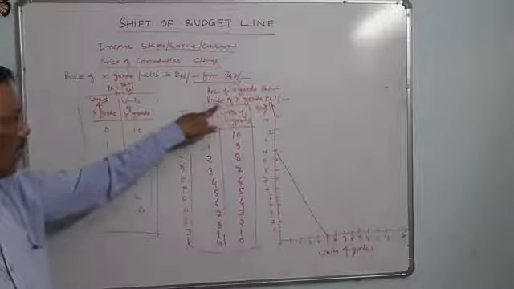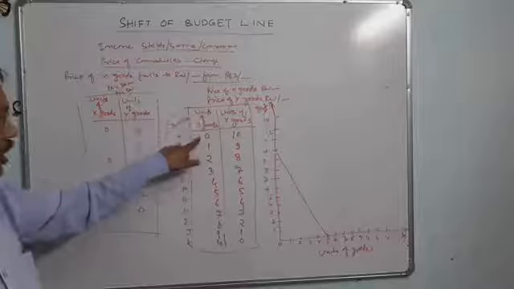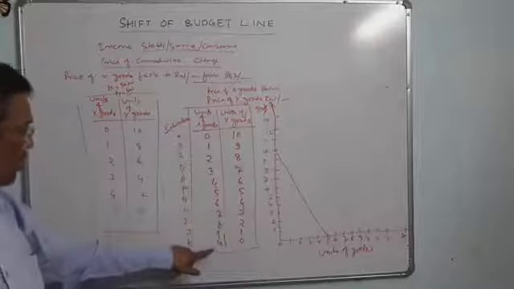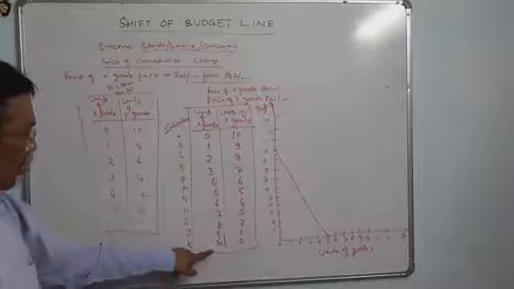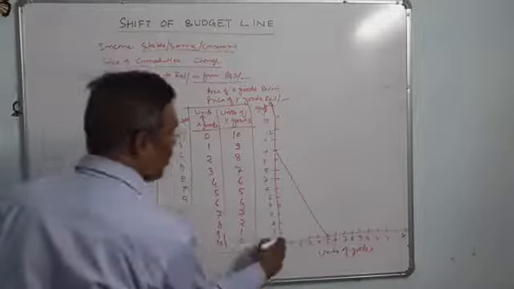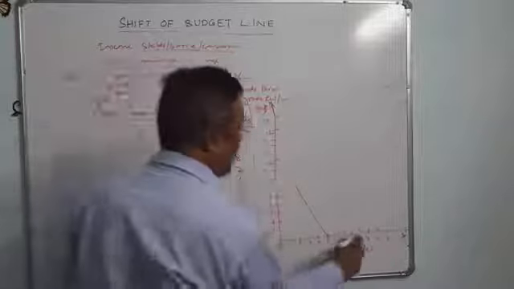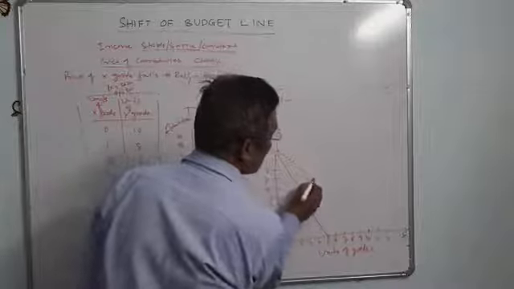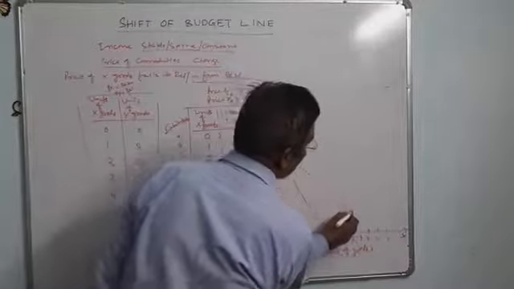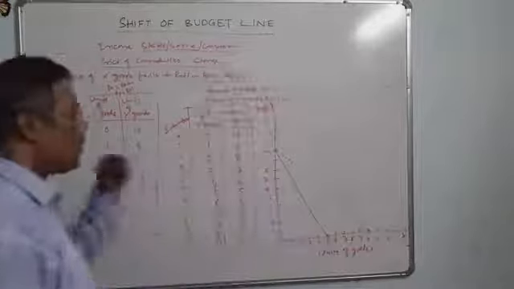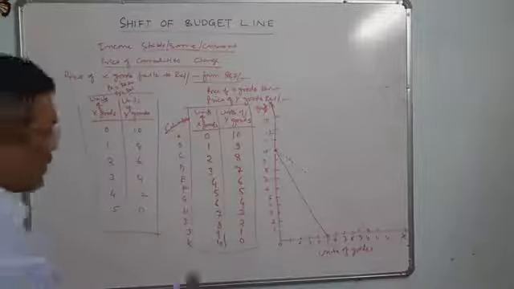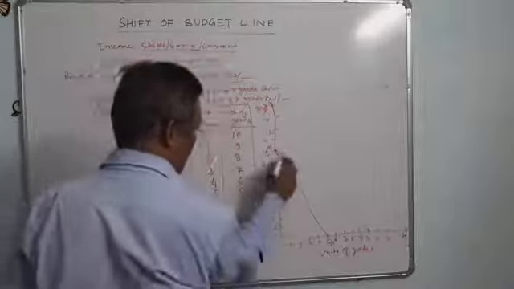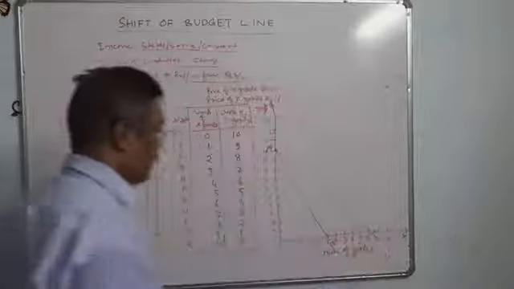But when only the price of X goods falls, the combination is 0, 10 and 10, 0. So the first one is the AF budget line and this is the AF1 budget line.